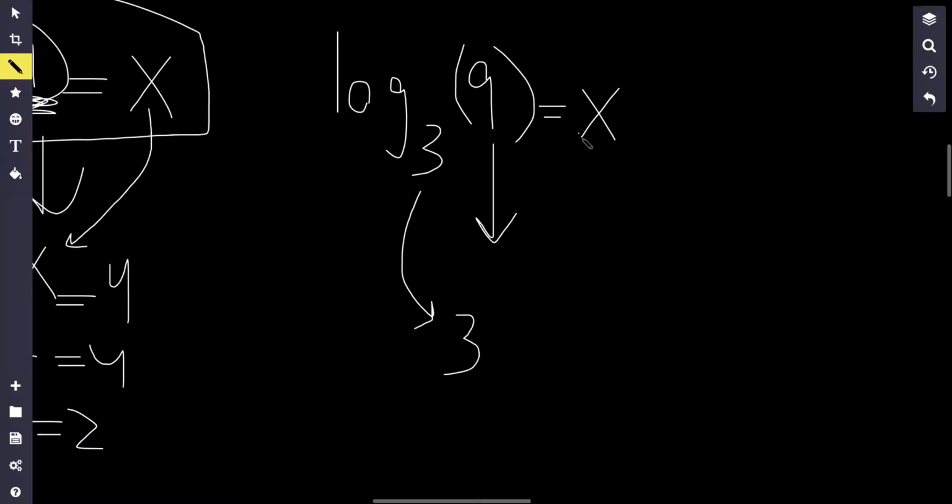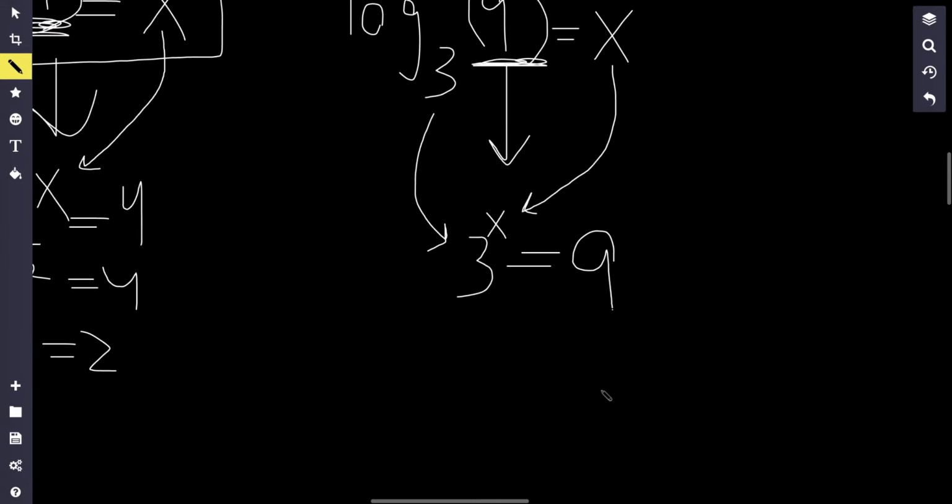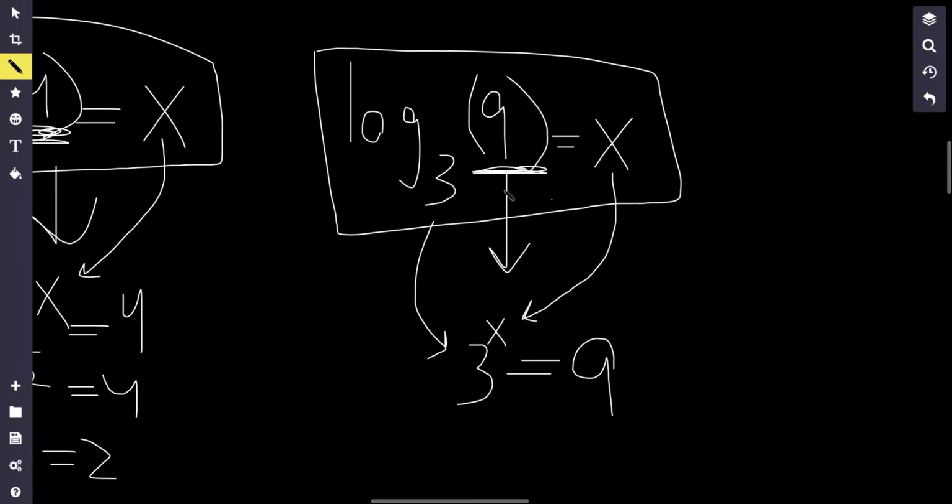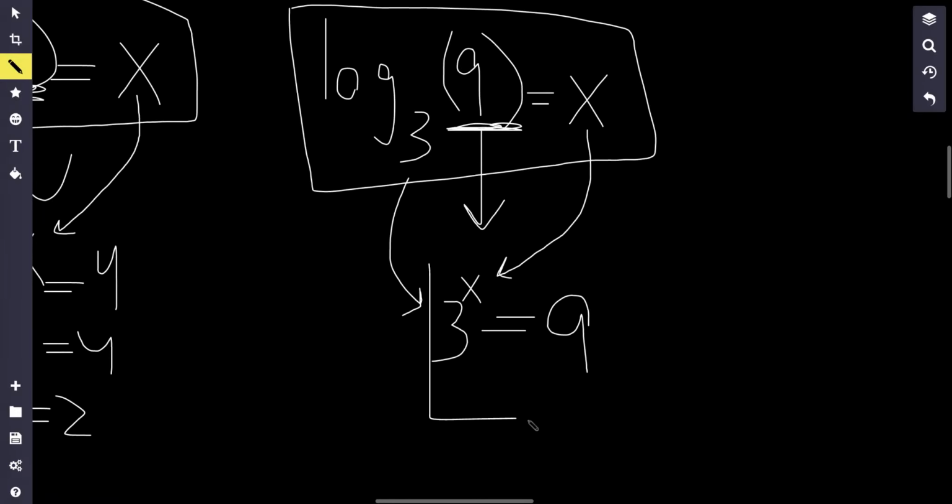This x becomes our exponent. So the thing on the other side of the equation becomes our exponent, and the number inside the parentheses becomes our answer.